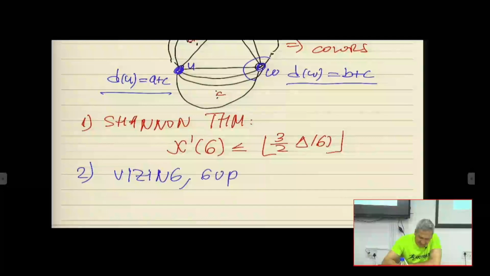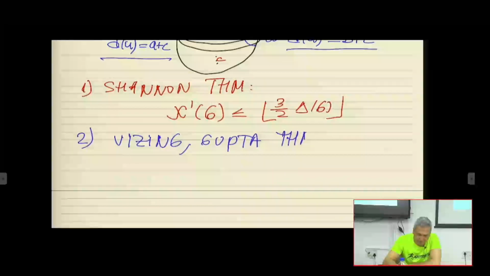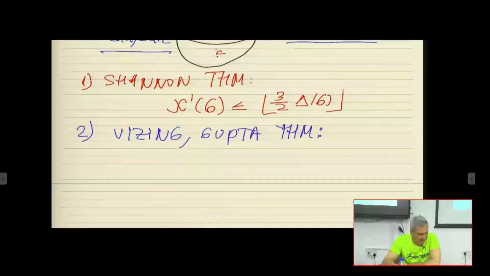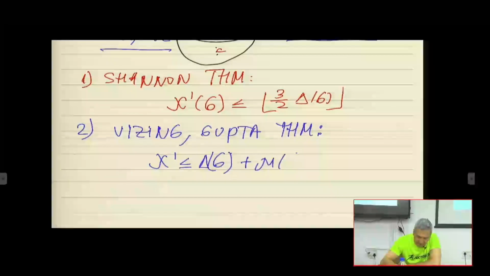Probably they proved it independently, yes. The chromatic index is at most delta of G plus the multiplicity of G. Do we know what the multiplicity of G is?